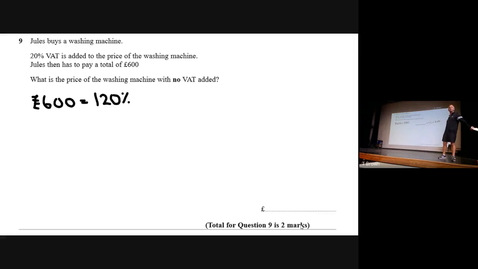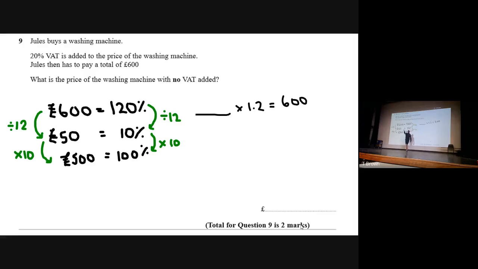But another way of doing it is if you look here, if £600 is 120%, then if we divide that by 12, that gives us what 10% is. 10% is £50.